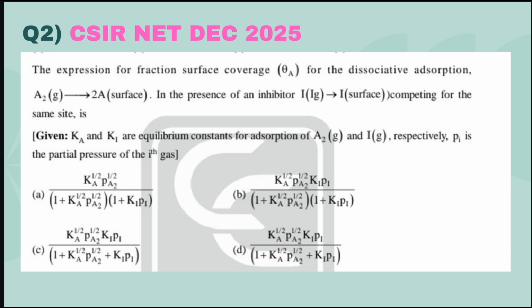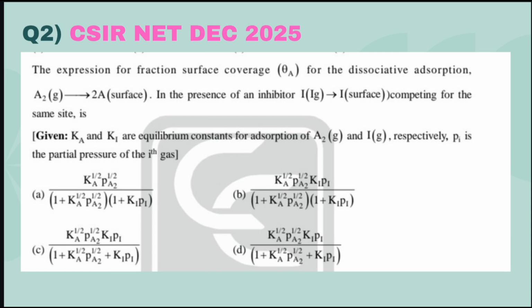Now we'll see the second question. This was asked in CSIR in December 2025. The expression for fraction surface coverage theta A for the dissociative adsorption A2 gas giving 2A on the surface, in the presence of an inhibitor I gas giving I on the surface, competing for the same site, is asked.